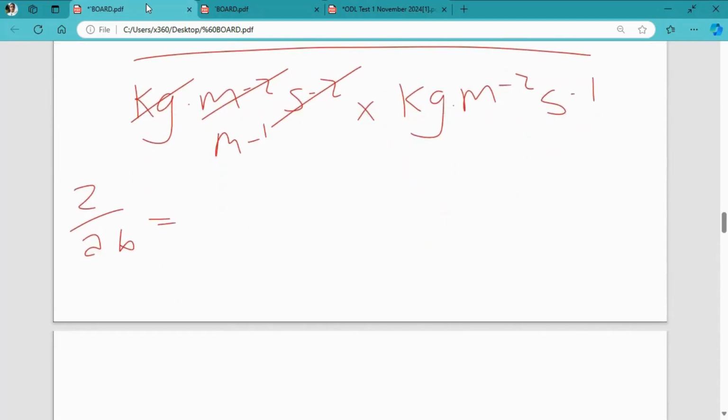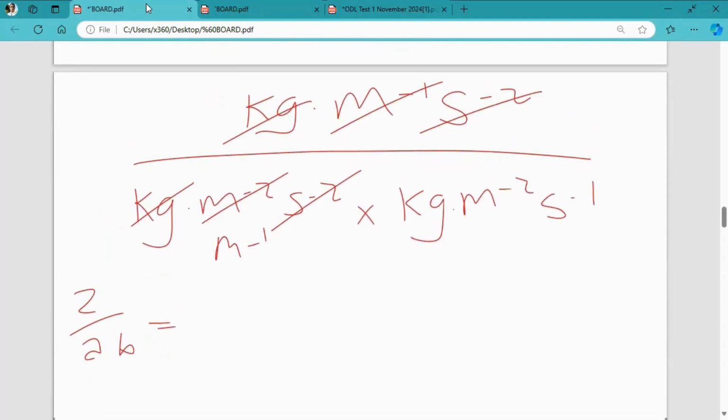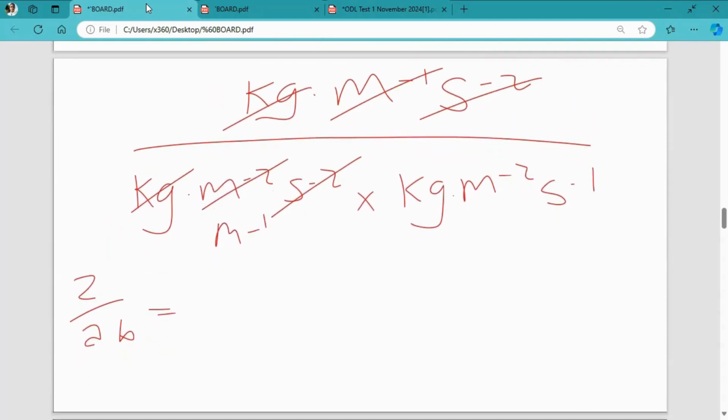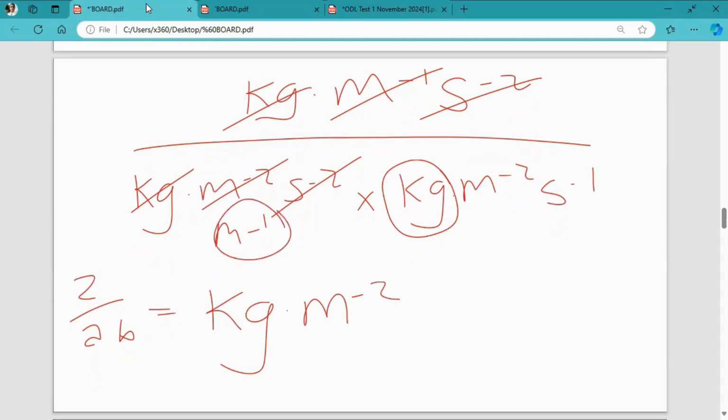And if we have such an equation, all of the ones on top have cancelled out. That means we're going to remain with kg here, multiplied by meter power minus 2, or power minus 3, since there is also this one here.